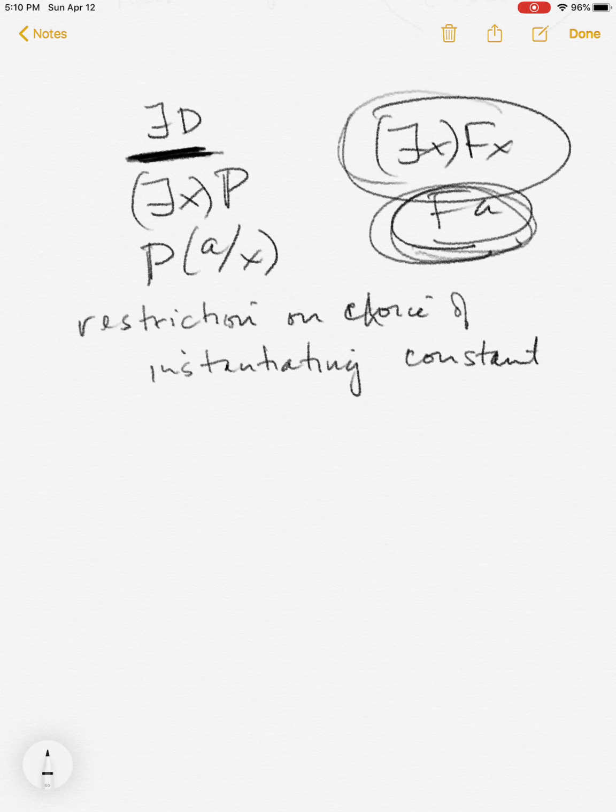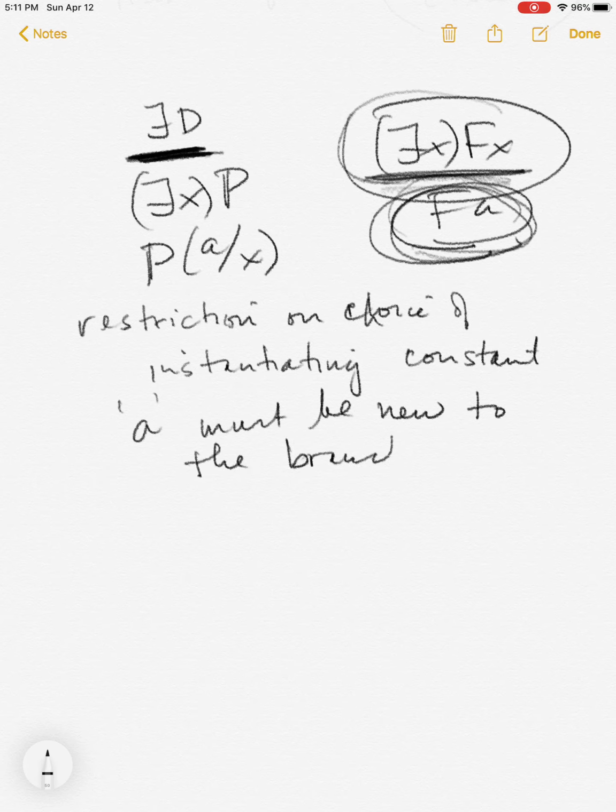So that's a fancy new word. FA is an instantiation of there exists something that's F. So the restriction is that A must be new. It can't have appeared on the branch. You have to choose a name that doesn't appear higher up on the branch when you apply existential decomposition.